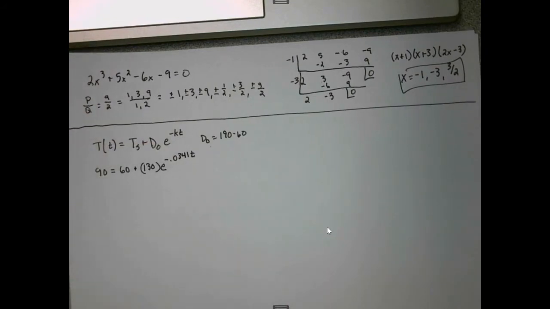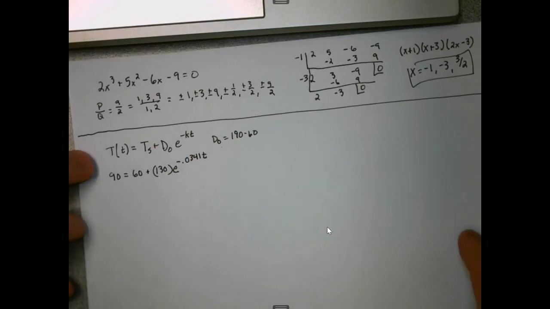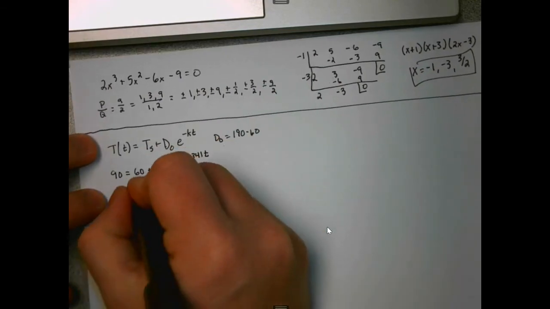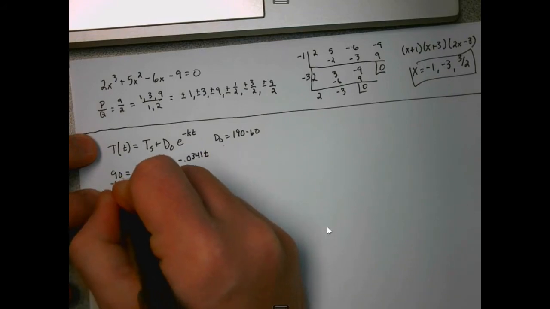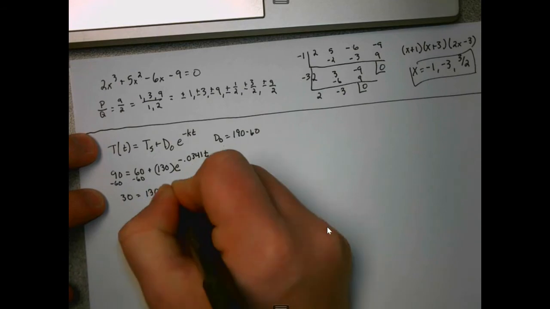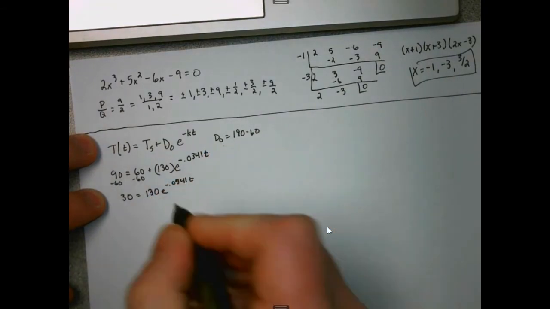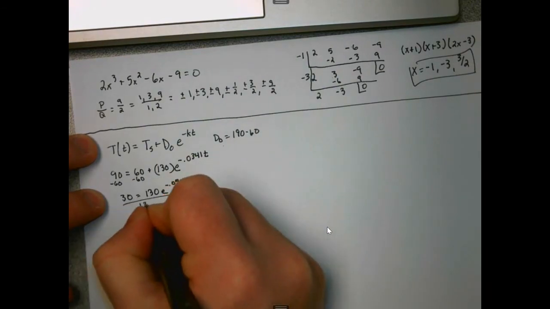Okay, so here's your equation, and we're just going to solve it. Notice I have an e, so we're going to be looking at using the ln. So we're going to subtract 60. So 30 equals 130 e to the minus 0.0341 t. Divide both sides by 130.